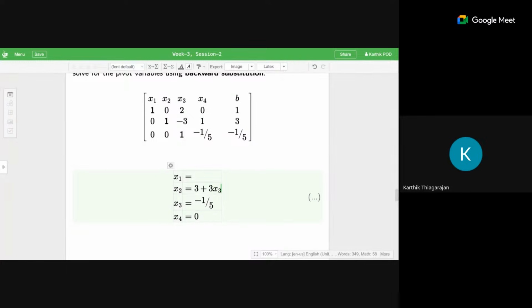So what will this be in terms of fractions? Minus 9 by 5. Is that correct? 15 minus 9 is 6 by 5. Let me know if this is wrong.